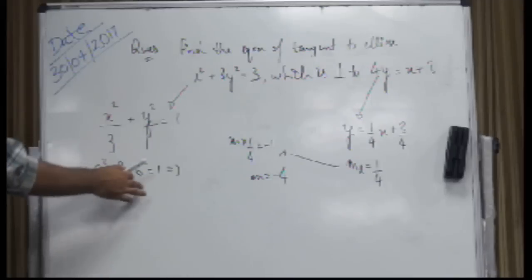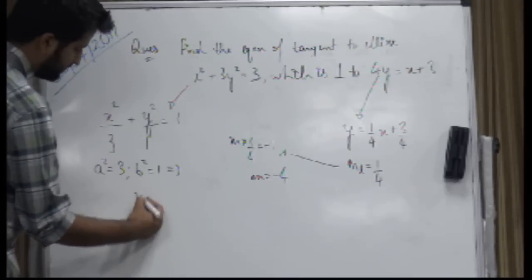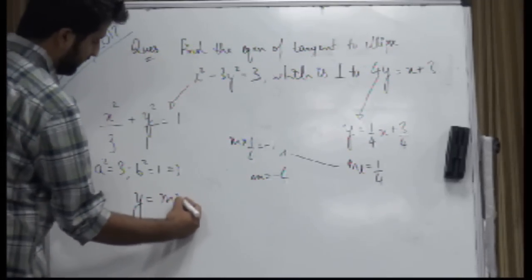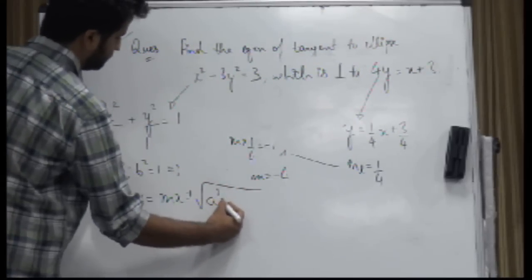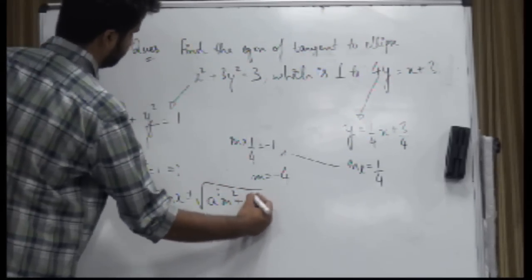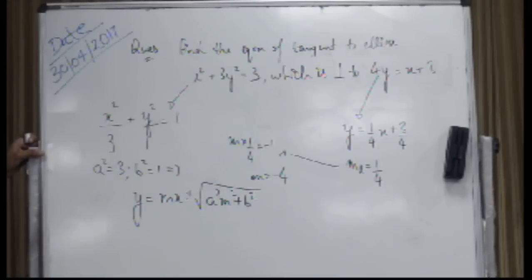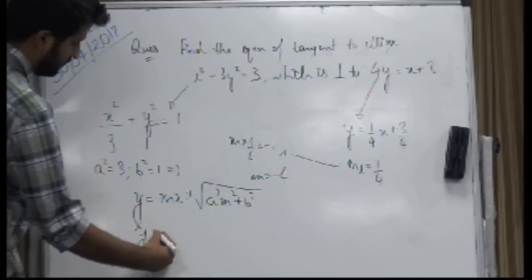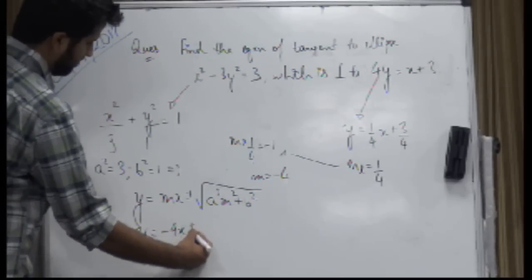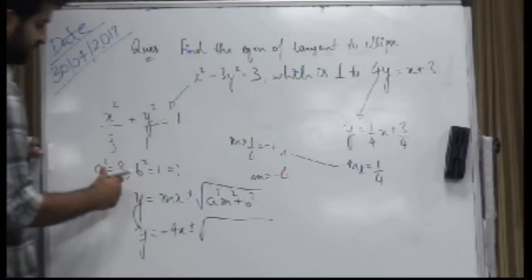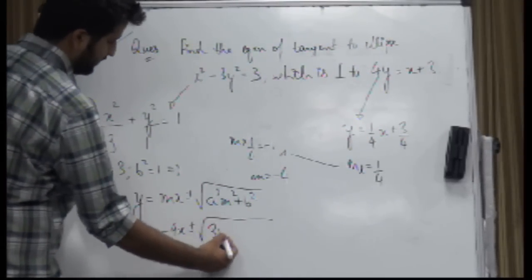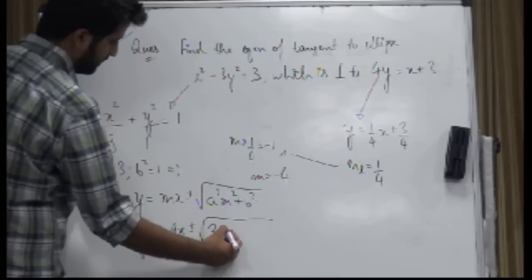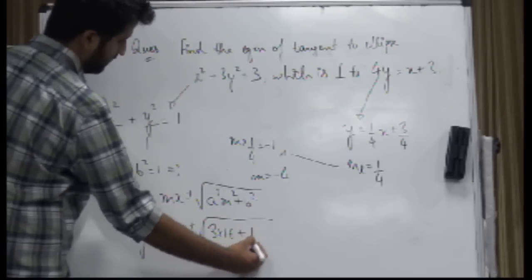And we know the equation of tangent in the slope form, y is equal to mx plus minus root of a square m square plus b square. Just put the value of m, a square and b square. So y is equal to minus 4x plus minus root of a square, which is 3, into m square, plus 1.